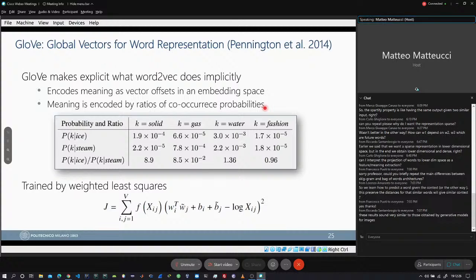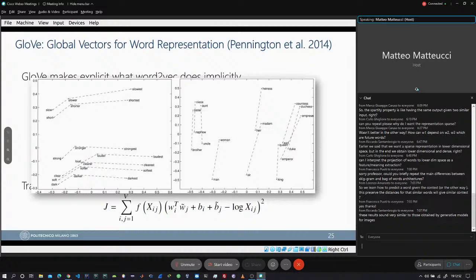I'm not sure I will be able to finish all the topics in one lecture. Indeed, I think we have two lectures remaining. So next week, I will talk about the attention mechanism, and the following week, I will talk about the transformer, which is also known as attention is all you need, because it is only based on attention.